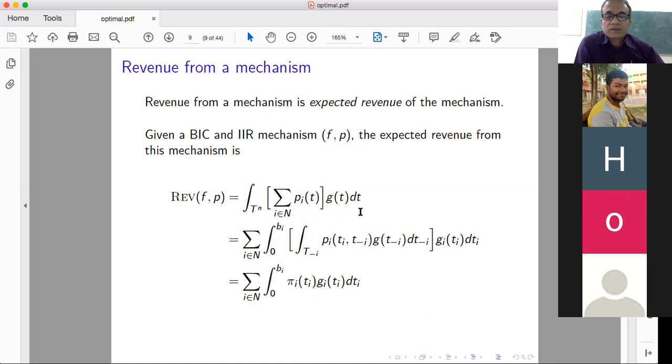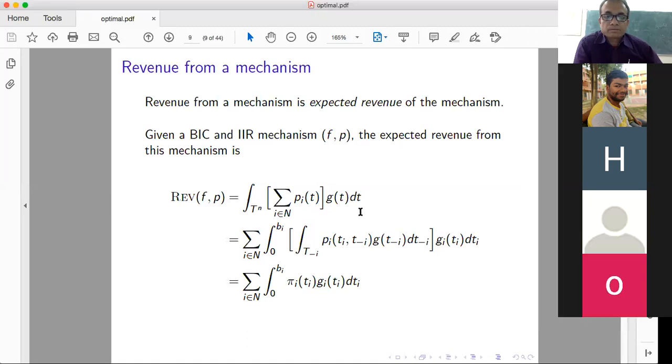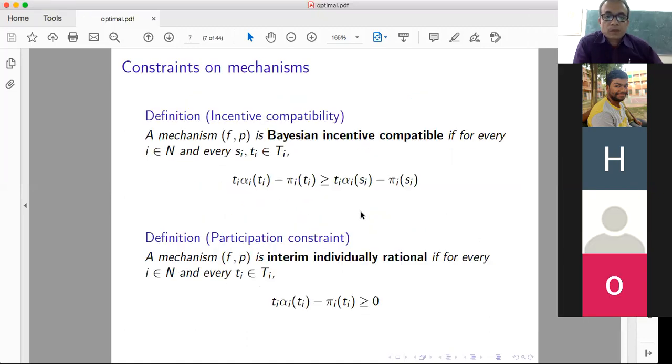But for Myerson's analysis, we assume that values are independently distributed. They need not be identical, so bidders might be very asymmetric, but at least they are independently distributed. So the BIC characterization only works for independently distributed types, right? That is also true. The characterization that we have also works for independent distributions.